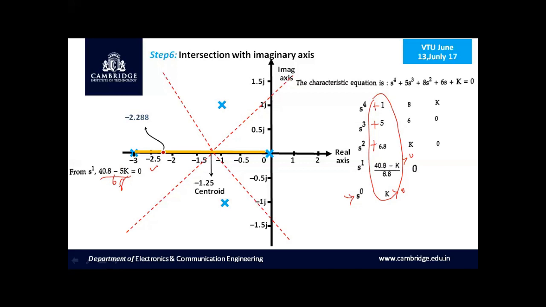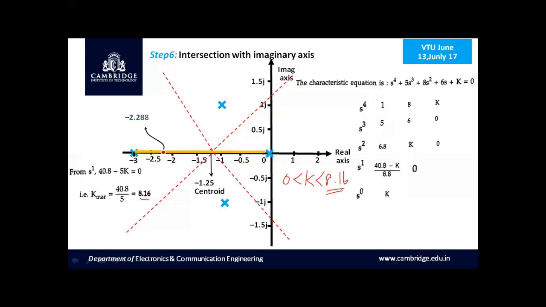But first, let us find the range of k. So for the simplification, we get k margin equal to 40.8 divided by 5, which will be equal to 8.16. Here in this case, k ranges from 0 less than k less than 8.16.